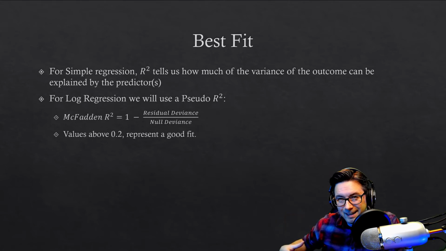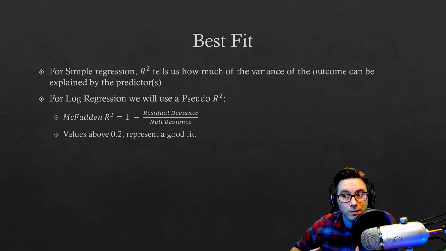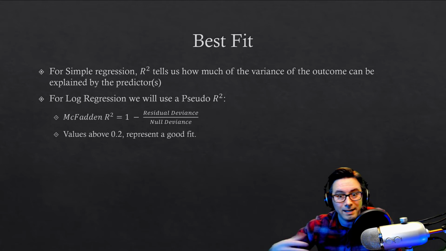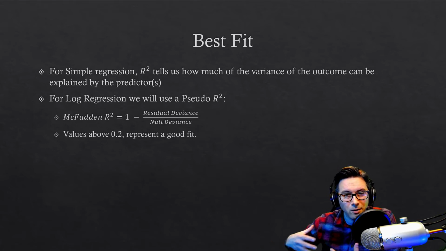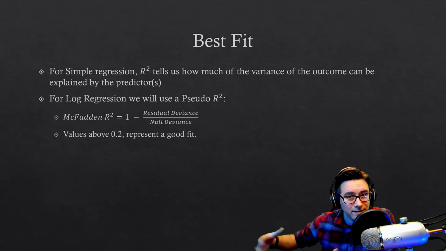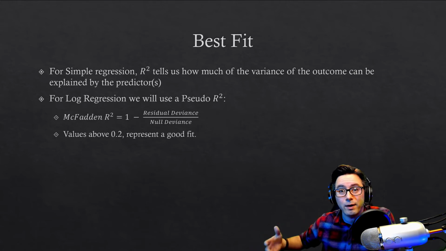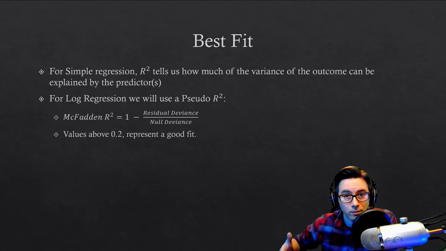That's not something that we can do with our model, because our model is predicting the probability. It's not saying that it is or it's not. It's saying how likely something is going to happen. So we don't really have residuals, because nothing actually fits on the line the same way that it does for a simple regression model.